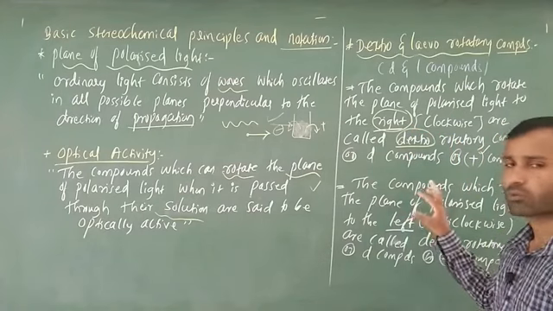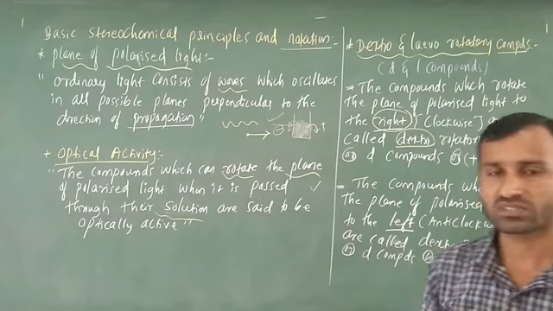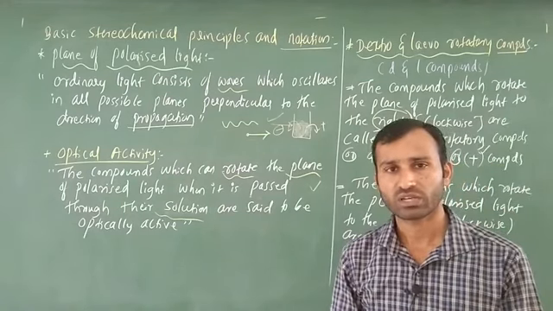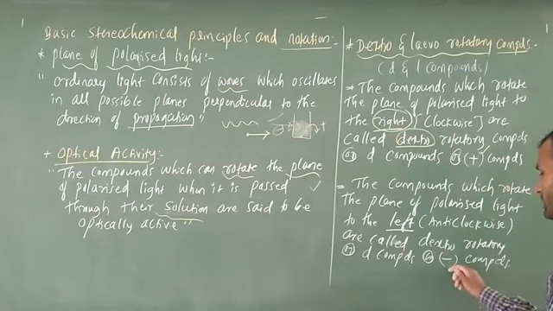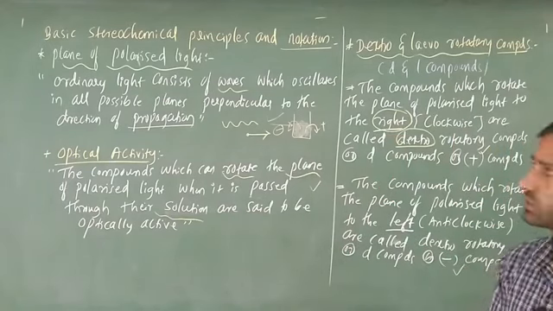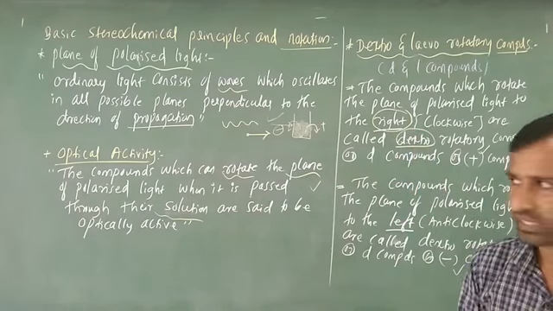If the plane of polarized light rotates towards the left, it is levorotatory, represented by small l, which is negative.